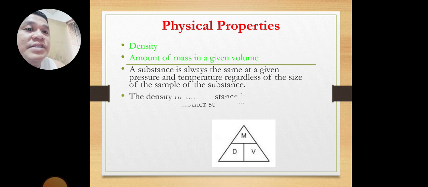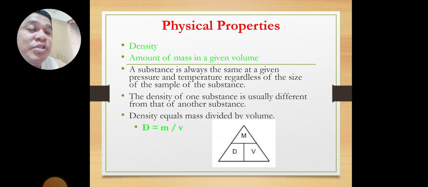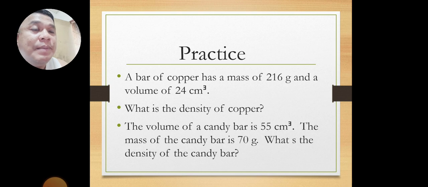For example, the density of one substance is always different from the density of another substance. Take note of the triangular method: density equals mass divided by volume. D is equal to mass over volume. That's the formula of the density, just in case you forget it.